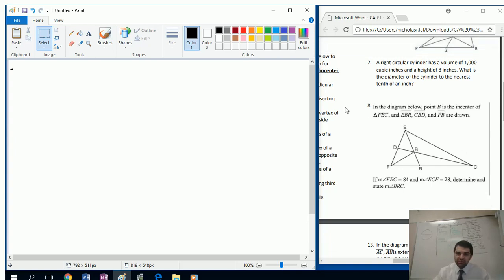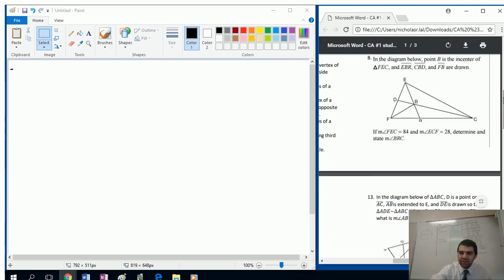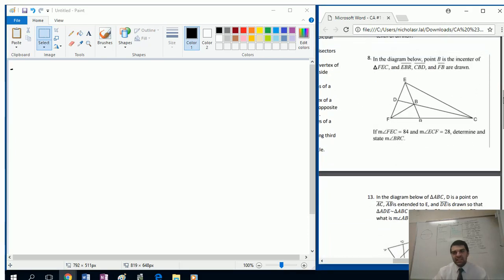In the diagram, sorry, let me move number 8 up for you. In the diagram below, point B is the in-center of triangle FEC, and EBR, CBD, and FB are drawn. If the measure of FEC is 84, measure of ECF is 28, determine and state the angle of BRC.